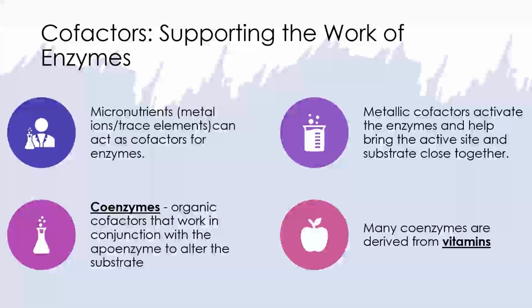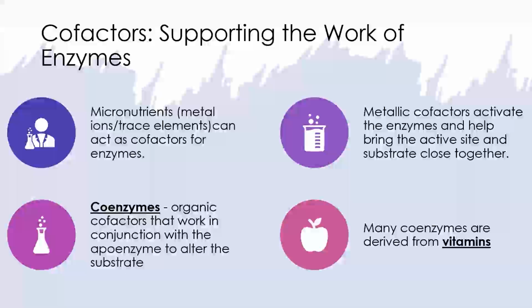Coenzymes are the organic cofactors that work in conjugation with the apoenzyme to alter the substrate. So these are going to be the organic cofactors. You can also have metallic ones, but many of the coenzymes are going to be derived from vitamins, which highlights why vitamin deficiencies can really mess up your metabolism.